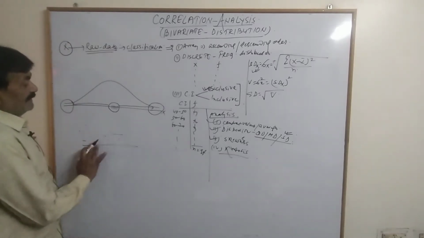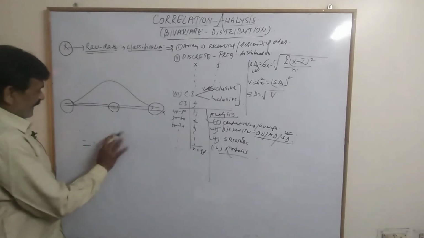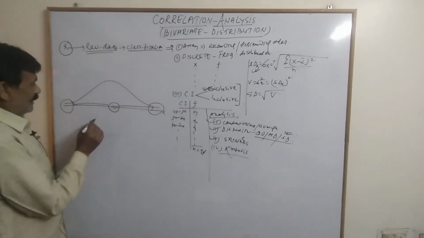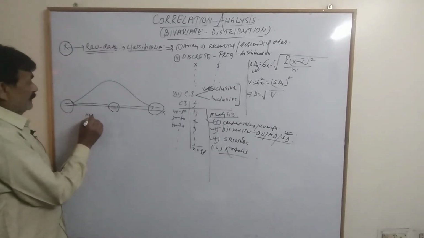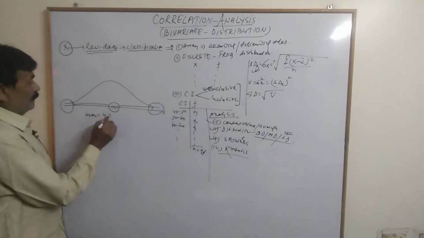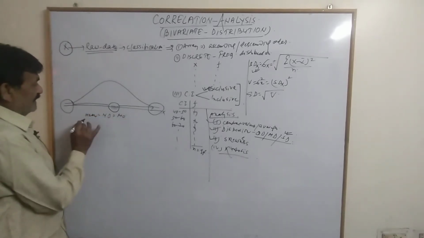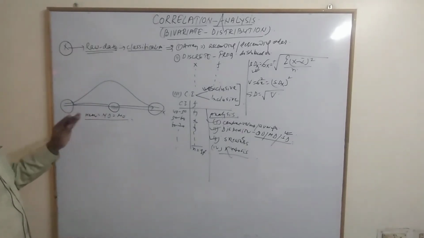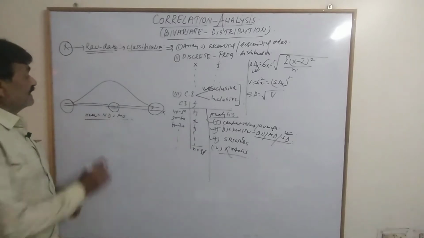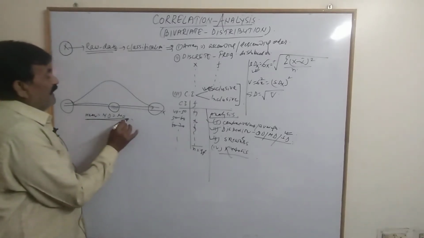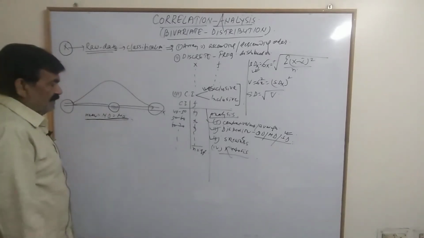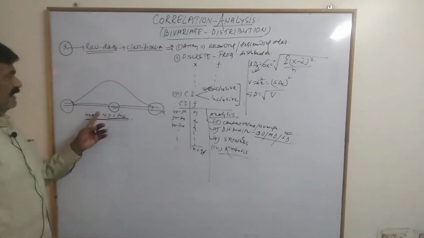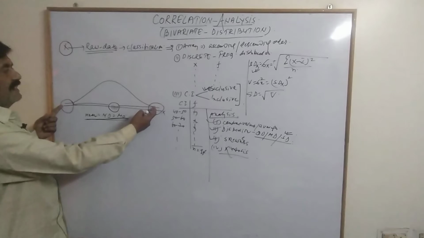And for a normal distribution, there is a particular characteristic that if any data is normally distributed, then these 3 averages will coincide at a point, that is mean equals mode equals median. But in most cases, data is not, and this is symmetrical data. If any curve or any distribution is normal, it is called a symmetrical distribution. And in the case of symmetrical distribution, we have identical tail ends.